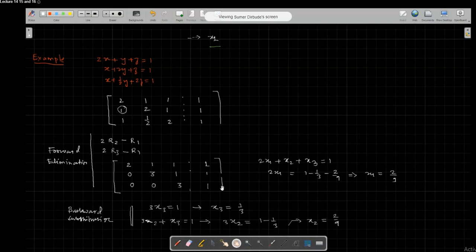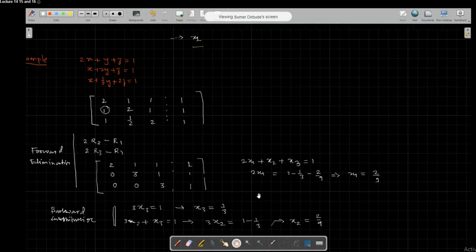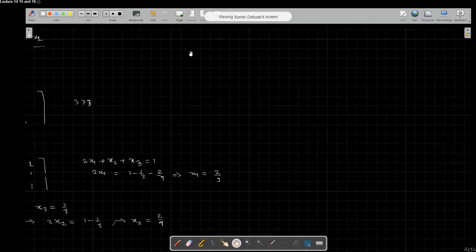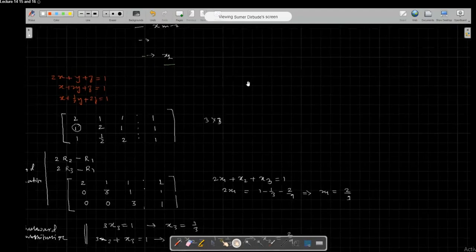If the matrix is very high, now this is only a 3 by 3 matrix. Suppose you have a very large matrix. So these methods have a problem.